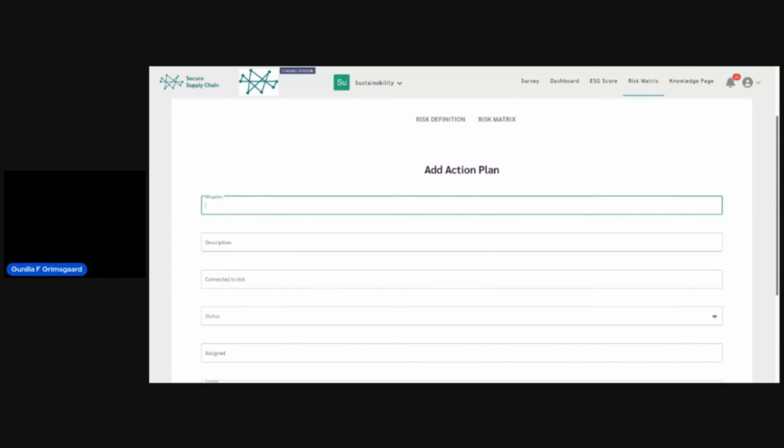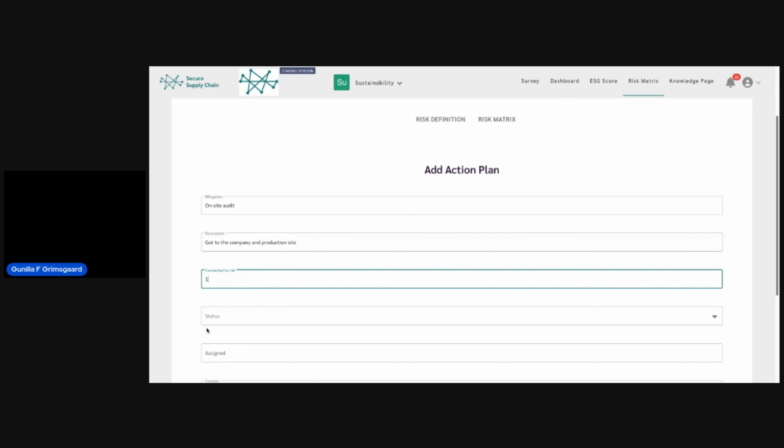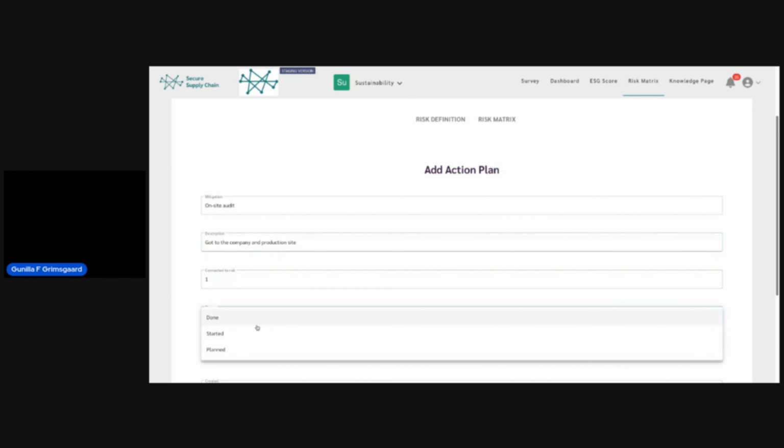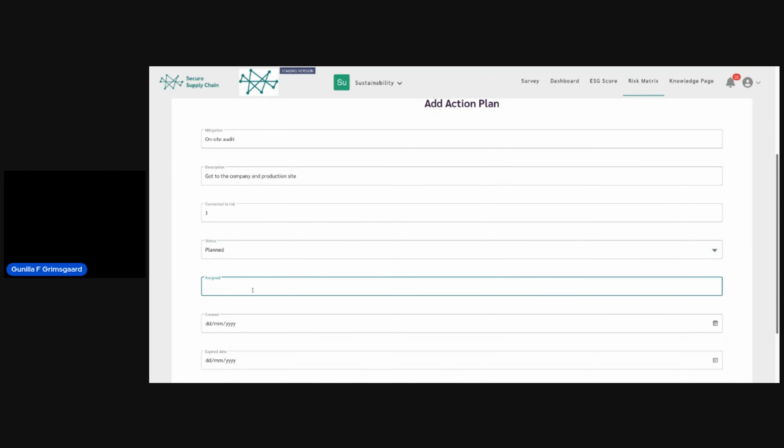So maybe we're going to have an on-site audit. And then we can actually make a description, go to company site. This is going to be connected to risk 1. And the status is going to be planned. So is it going to be assigned? Yes, of course, it's going to be for me.